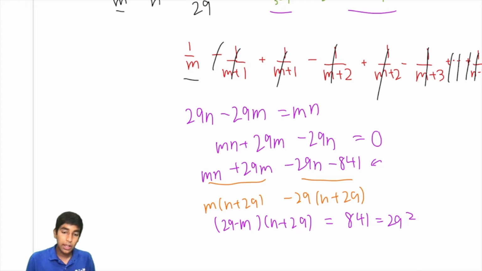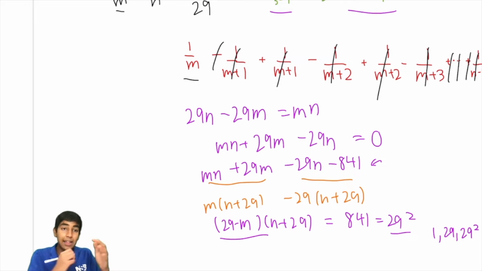So if m is a positive integer, 29 minus m will be a number that's less than 29, not equal to, strictly less than 29, because it's a positive number, and it obviously can't be negative or 0. So the only factors of 29 squared are 1, 29, and, well, 29 squared itself, which is 841.